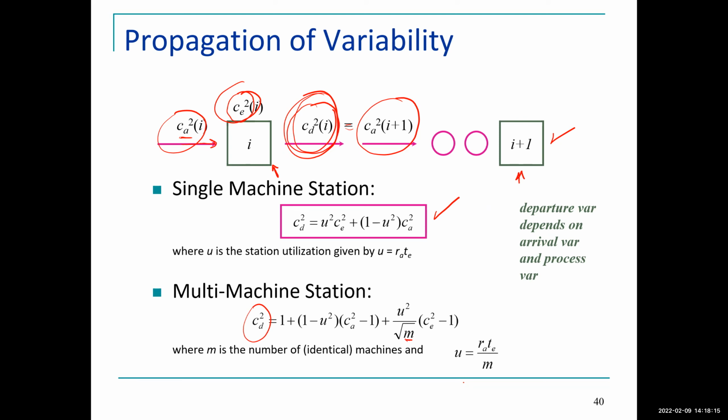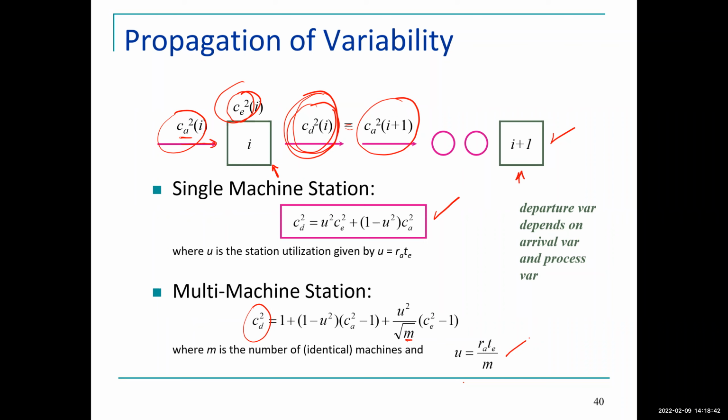And the utilization is given by this expression. So there are 2 ways of computing this propagation of variability, 2 ways of computing this CD squared, or coefficient of variation for the departure process. It will depend on the type of manufacturing line that you're studying. For a single machine, you use the expression at the top. For multi-machines, you use the expression at the bottom.